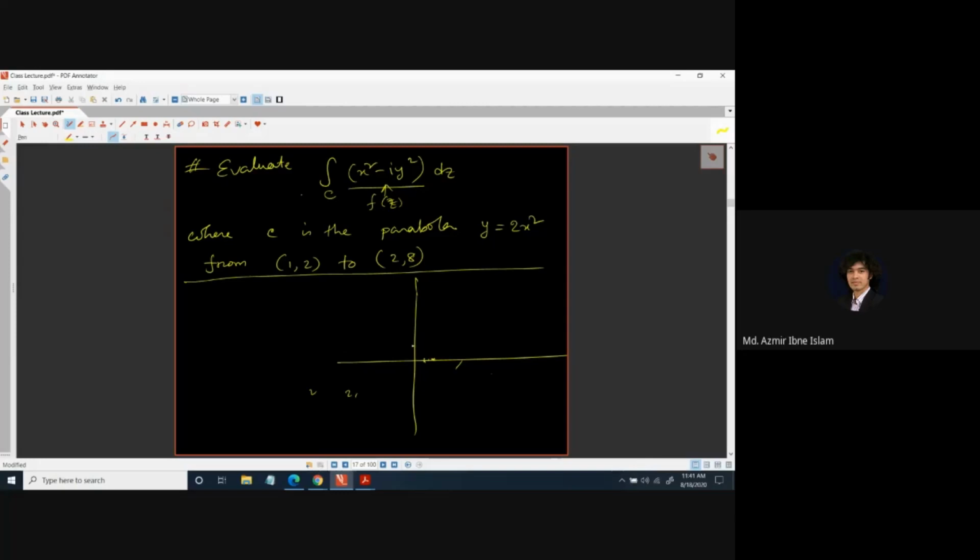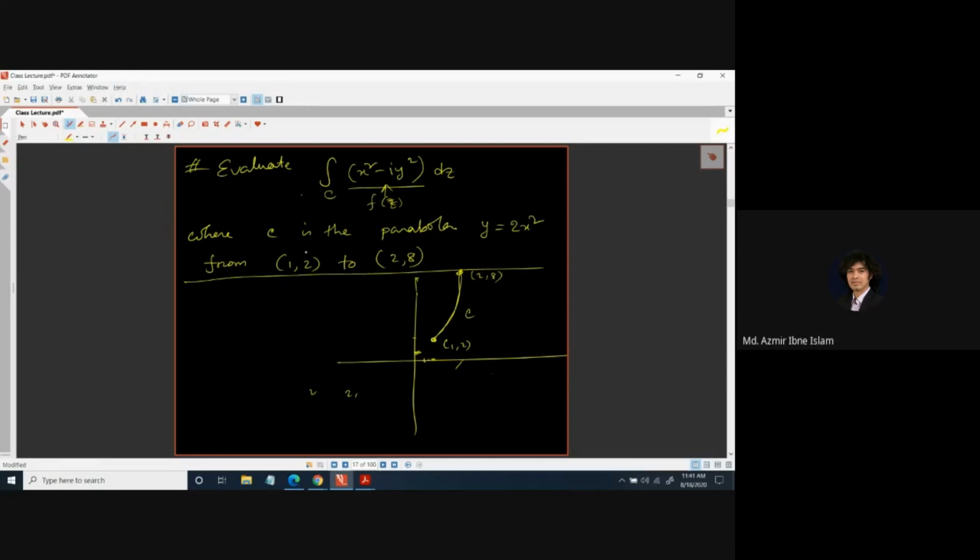Sometimes in your question, there will be a requirement to draw the path, sketch the path, and evaluate the integral. So this is our point 1, 2 to 2, 8. We don't need to extend this one here. Our target is to just find a path from 1, 2 to 2, 8.